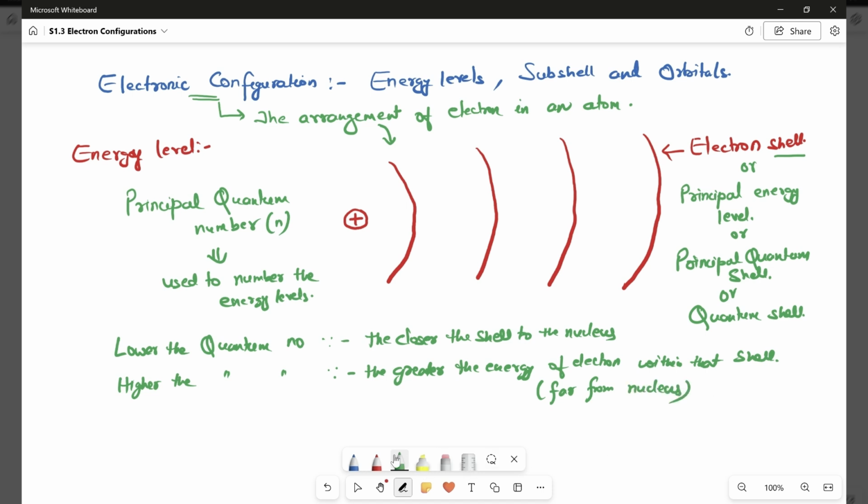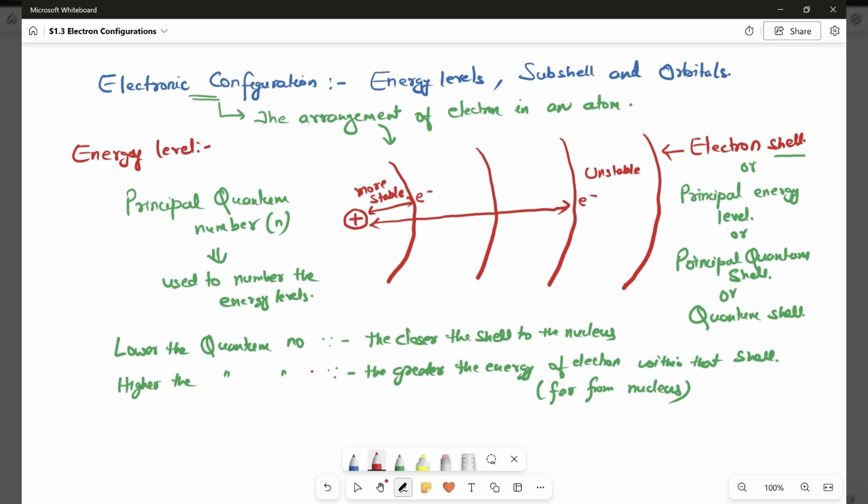As you know, if an electron is here and another electron is here, this one is more stable and this one is unstable. The reason it is unstable is that it is far from the nucleus, so the nuclear force is less here, but more in this case.